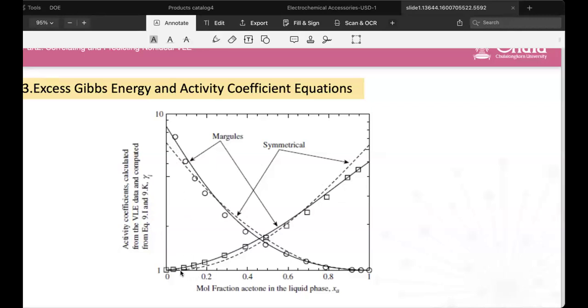This area and also this area must be equal. And we call it the area test.